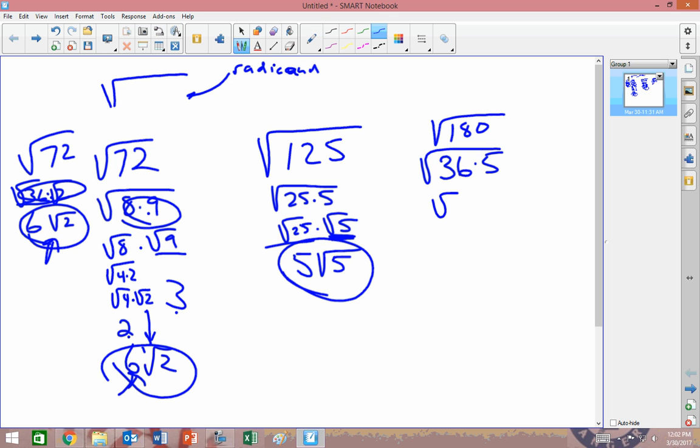So if I do this, it's the square root of 36 times the square root of 5. What do I get? 6 comes outside. Square root of 5 has to stay in the house by itself. Six square roots of 5.